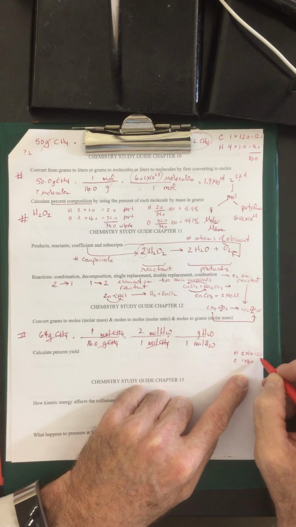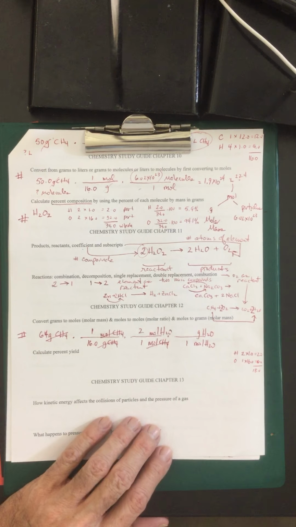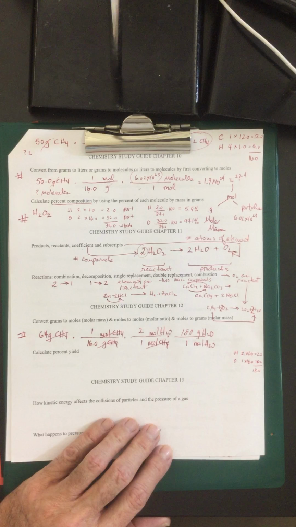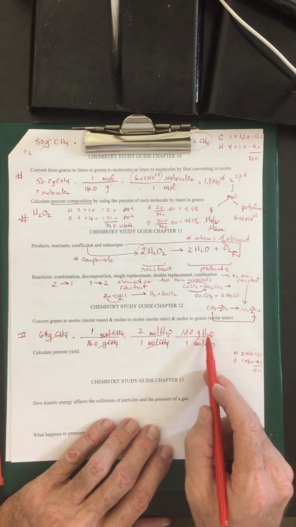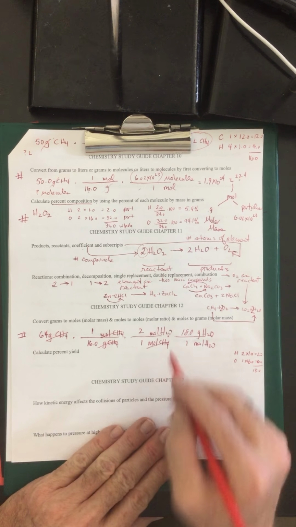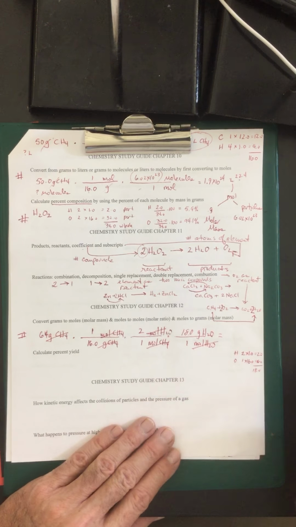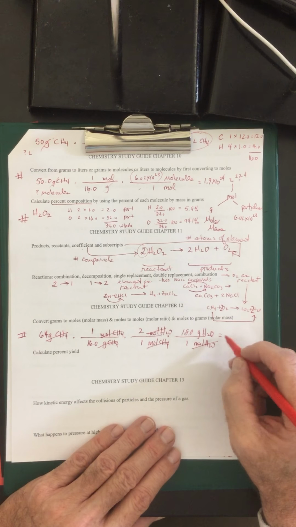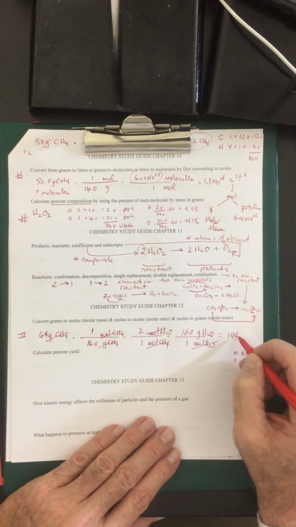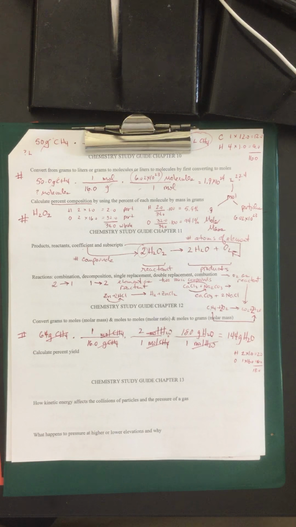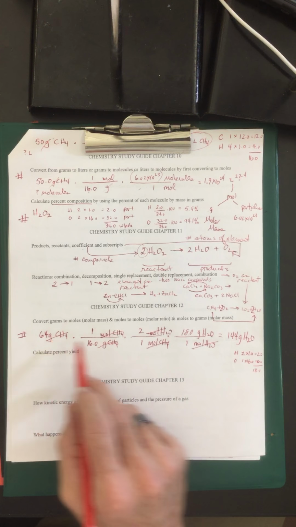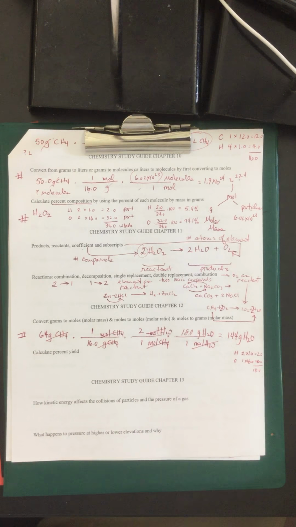That gives me 2.0 and 16.0, and water will weigh 18.0 grams. So the oxygen weighs 16, each hydrogen weighs 1, 16, 17, 18 grams for that. The moles of H2O cancel, and you should get 144 grams of H2O. So typical grams, moles to grams of a substance.